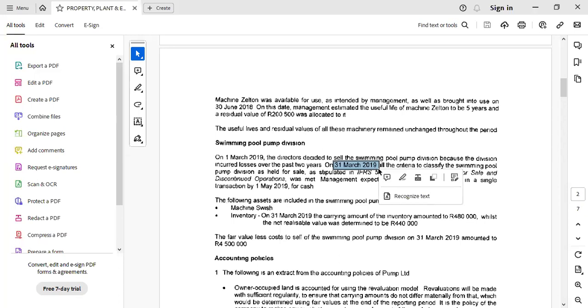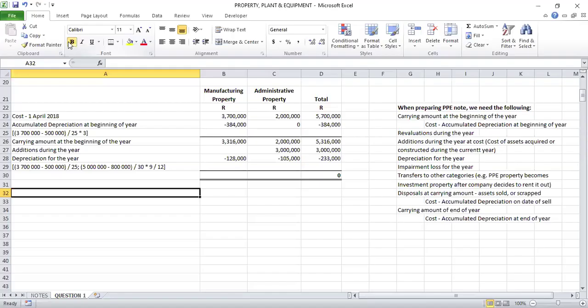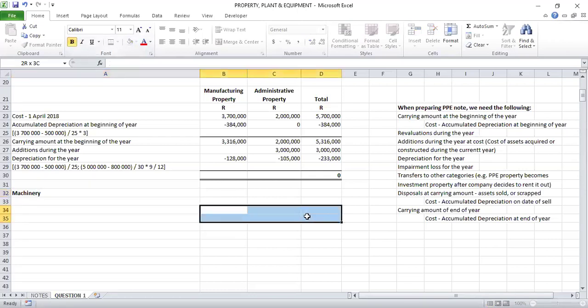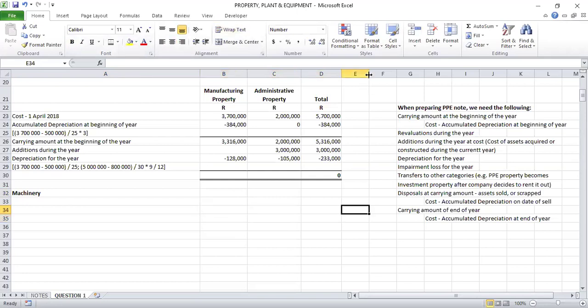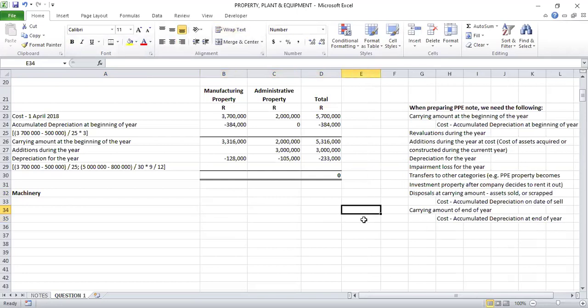Right, so I want you to see the accounting, the calculations here. I will now look at machinery. I want you to follow me again and make sure that you are with me.